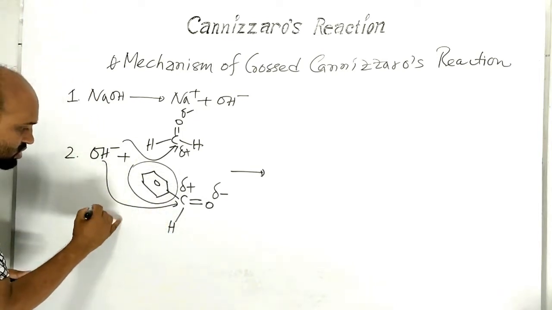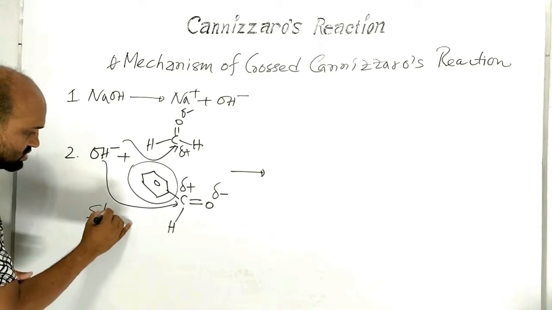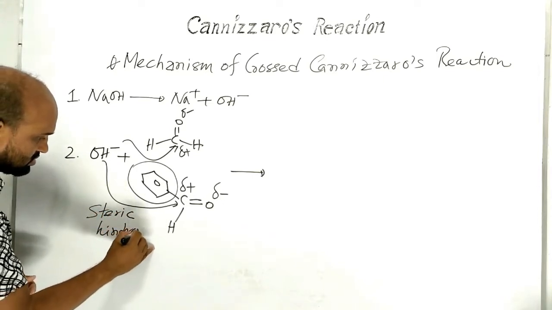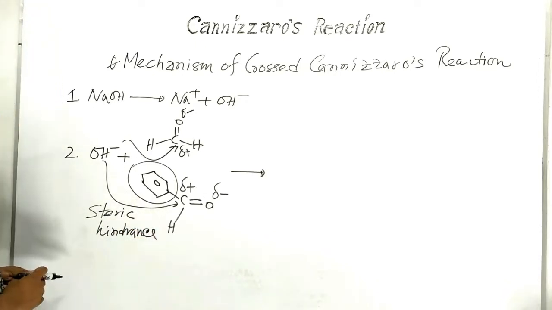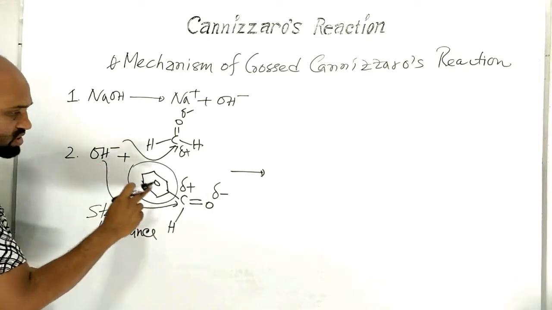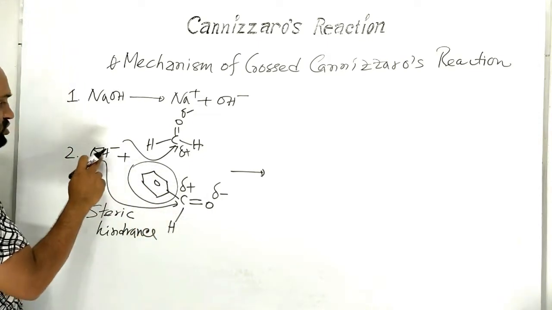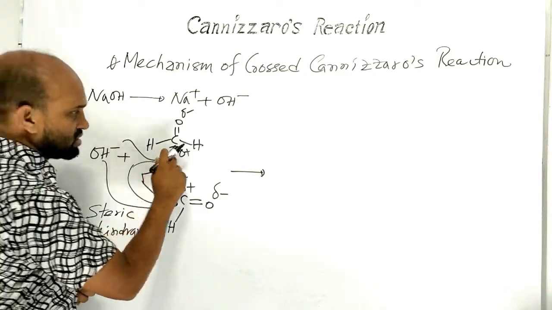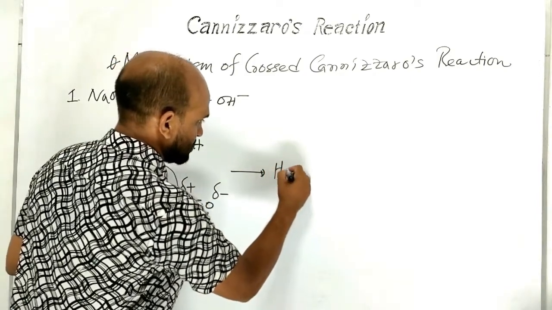That is known as steric hindrance. Because of the steric hindrance, this hydroxide ion cannot attack this carbon. So this hydroxide ion attacks this carbon and let's get what is obtained.